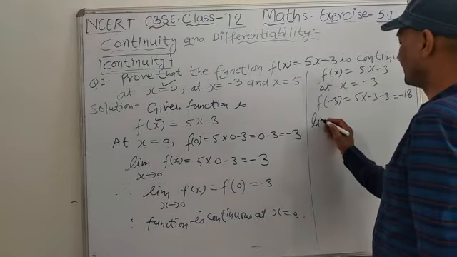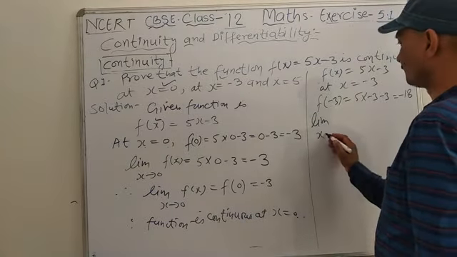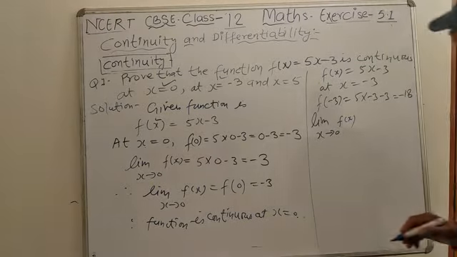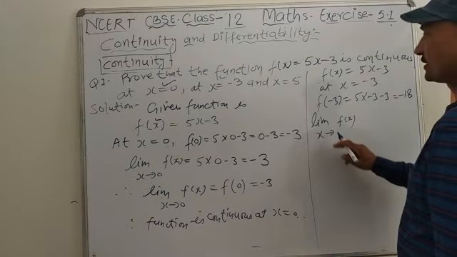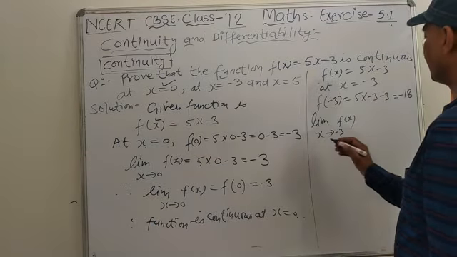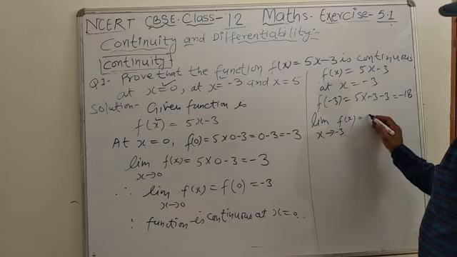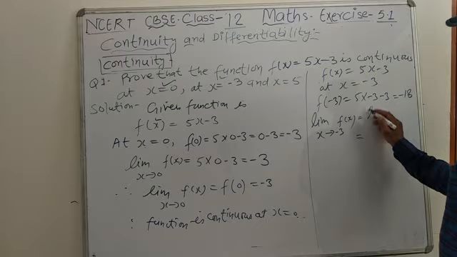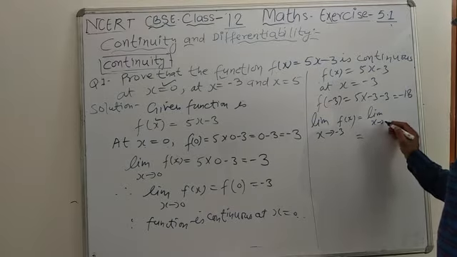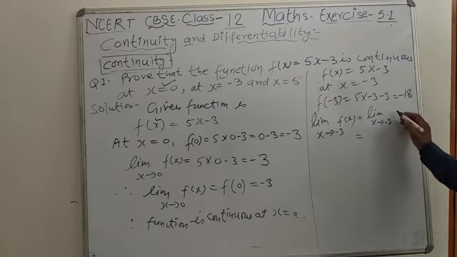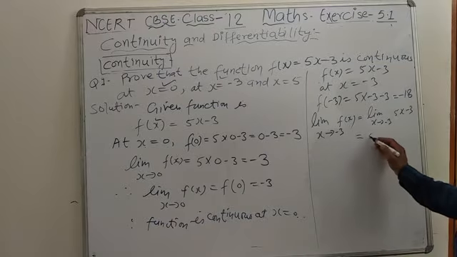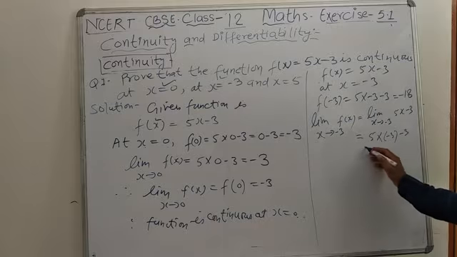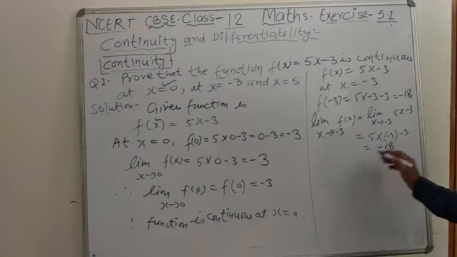Then we find the limit. The limit as x tends to minus 3 of f(x), with 5x minus 3, is equal to the limit as x tends to minus 3 of 5x minus 3, equal to 5 into x is minus 3 and this minus 3, minus 15 minus 3, minus 18.